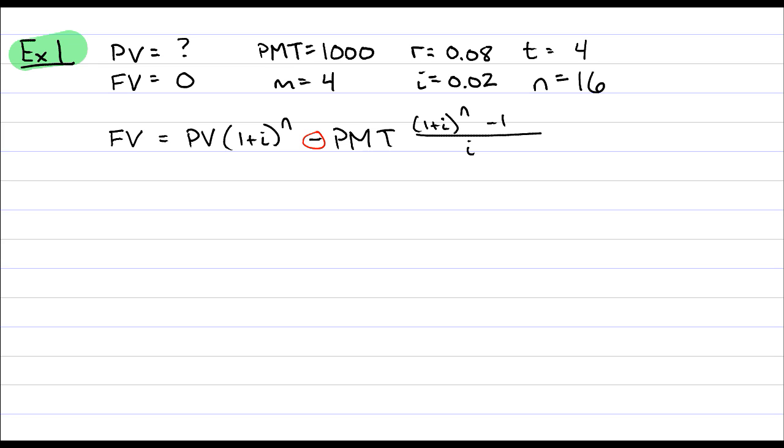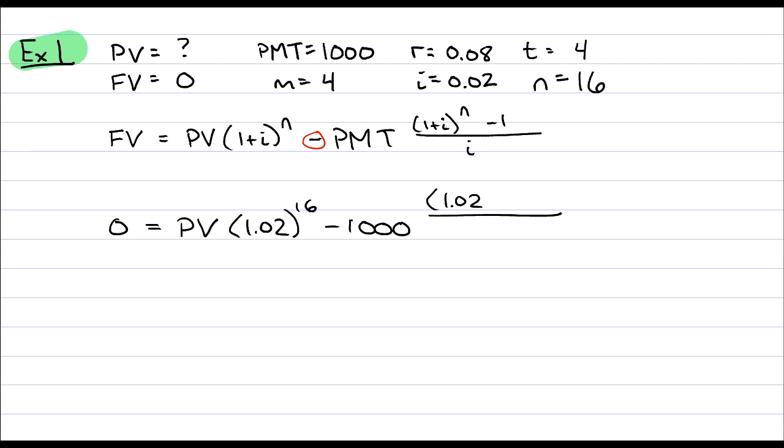So plugging in the relevant variables, we have 0 equals PV times 1.02 to the 16th, minus 1,000 times (1.02 to the 16th minus 1) over 0.02.